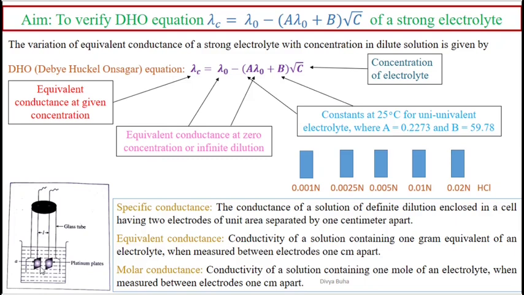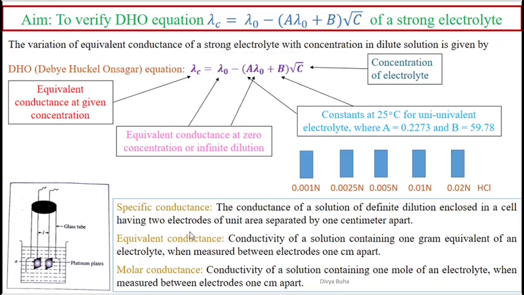Usually the distance between these two plates is 1 centimeter, and the cross sectional area of each plate is 1 centimeter square, right? So here L is the distance between the two platinum plates, say 1 centimeter, and the cross sectional area, A, is equal to 1 centimeter square.